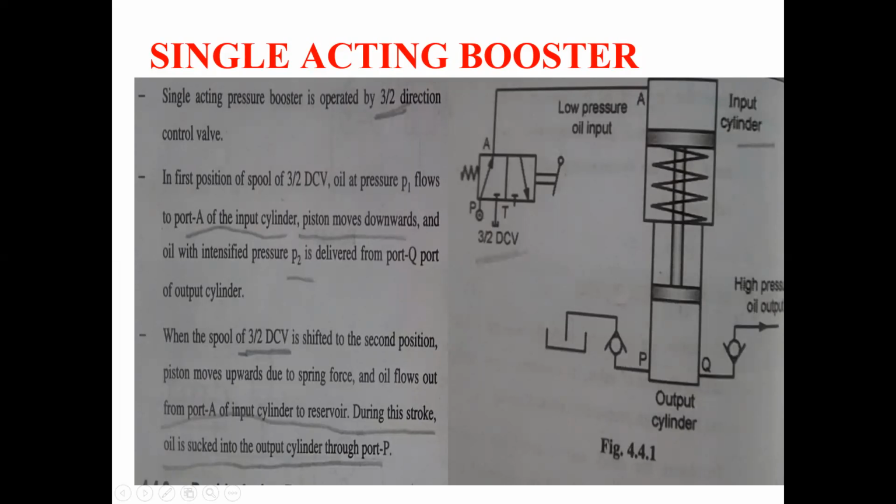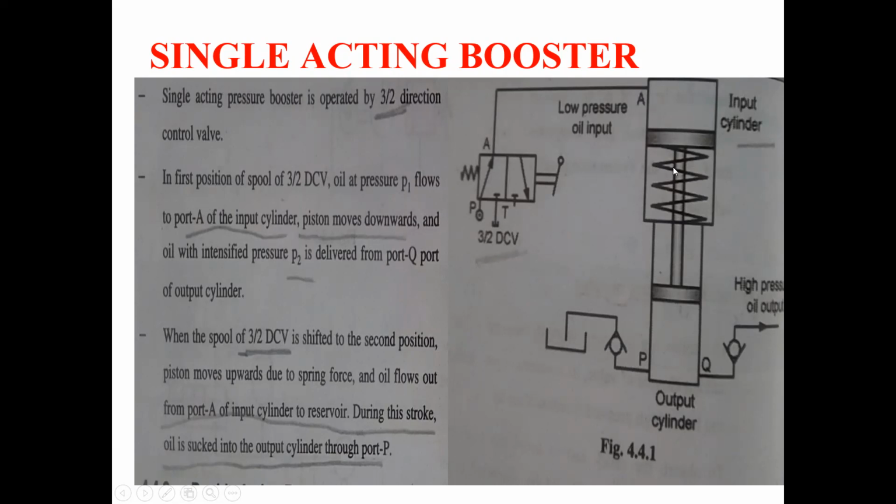It says that the single acting pressure booster is operated by a 3/2 position direction control valve. In the first position of the 3/2 direction control valve, oil at pressure P1, you can see this is P, flows from port A continuously into this input cylinder.